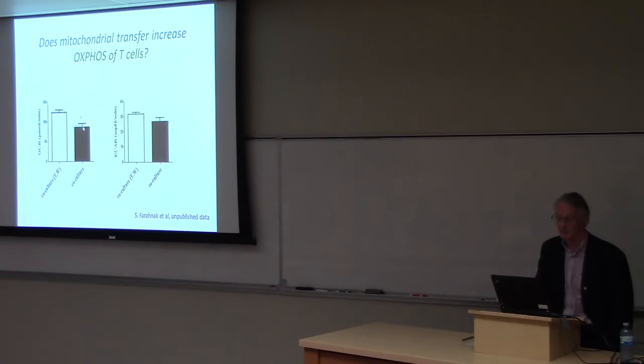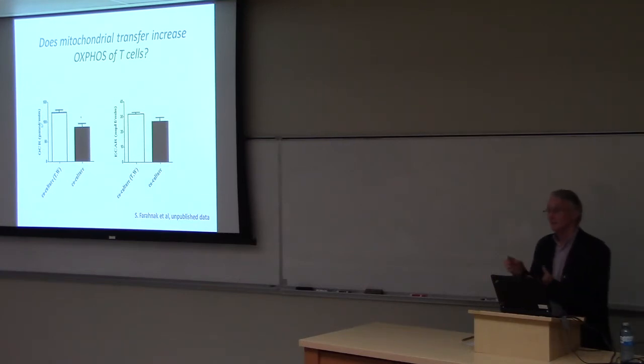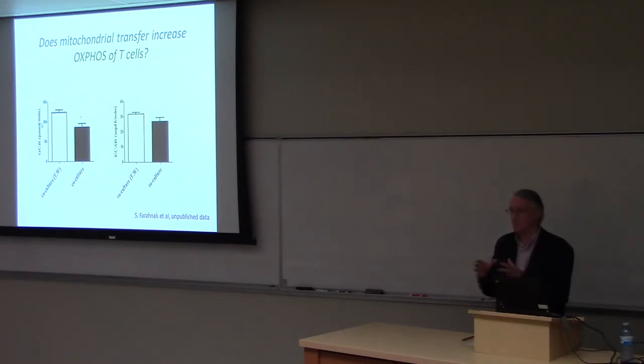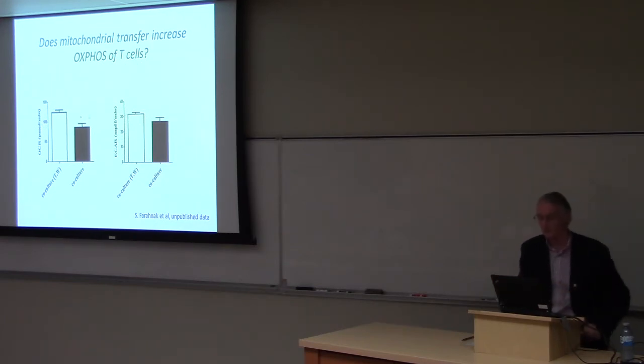So with co-culture, this consumption of oxygen here, which is measured by a device called the Seahorse, which is a 96-well plate-based assay system where you have an oxygen sensor that is put down into the medium, and a microchamber is sort of created by the sensor going down and trapping a small amount of fluid over the cells. And then the rate of oxygen consumption can be measured in that very small space. And also the appearance of hydrogen ion can be measured, which is what the second graph is showing.